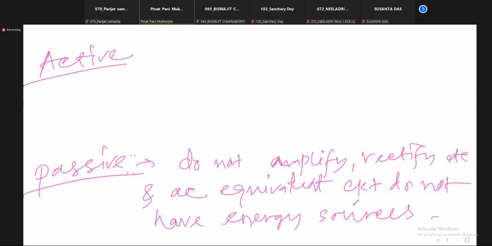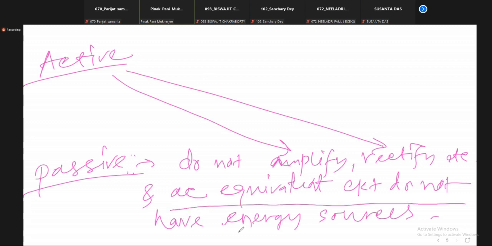Okay, so the active and passive definition is like this: the elements which are used to amplify, rectify are called active circuit elements. You just think like this. This part you will understand later. You just remember like this: the AC equivalent circuit does not have energy sources for passive, and the AC equivalent circuit has energy sources for active. So the active one will be automatically generated.